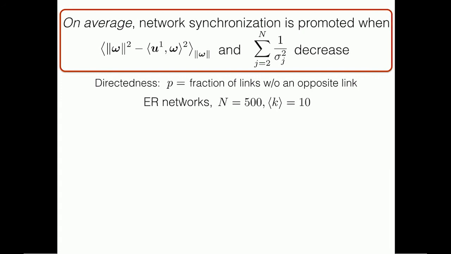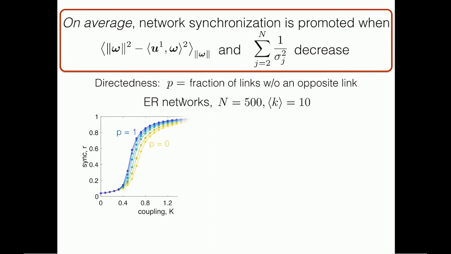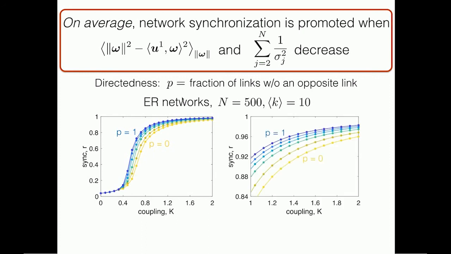So if we change directedness, we can be pretty sure that that's really the only thing that is changing. And in fact, when we make Erdős-Renyi networks more directed, then the synchronization properties increase quite a bit, relatively speaking. And so here's a zoom in of that.